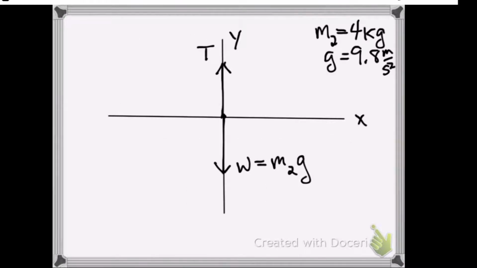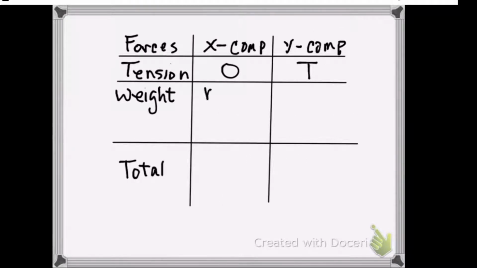The weight is pulling down, and we recognize that it's M2g. M2 is 4 and g is 9.8.